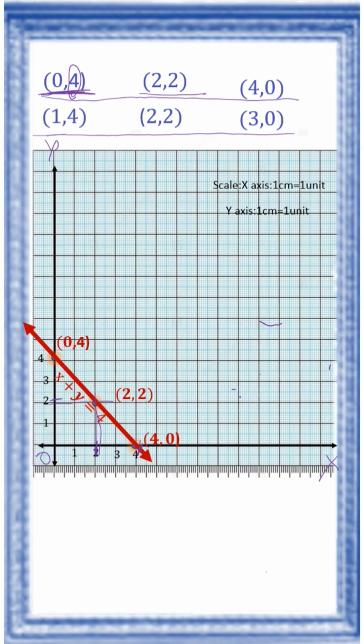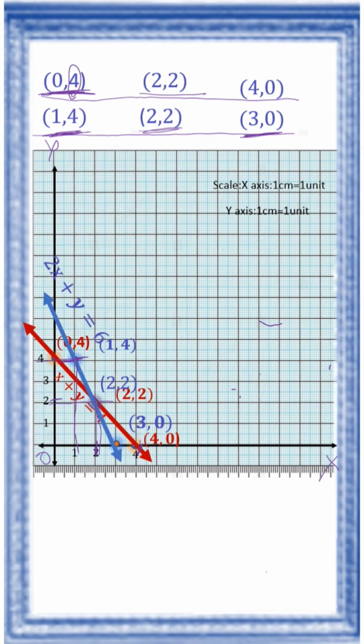Now let us mark these points for the second equation: 1, 4. This is 1, this is 4. Point of intersection is 1, 4, then 2, 2, then 3, 0. Now join these points by a straight line.